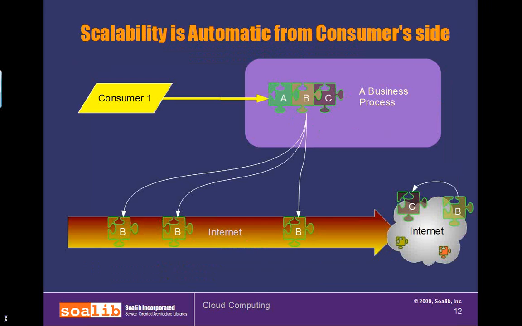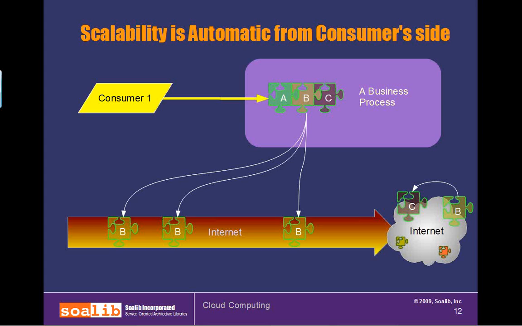This slide, more technical in nature, tells you how clouds distribute resources. In this example, you see consumer 1 is calling a service named A. A depends on another service named B, but B is scattered around the cloud, and that's where we are talking about scalability.